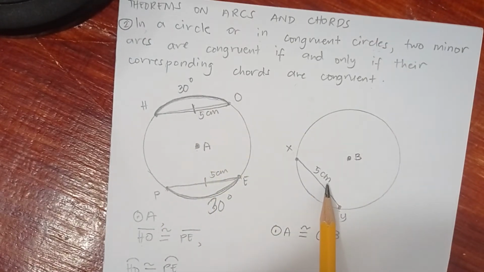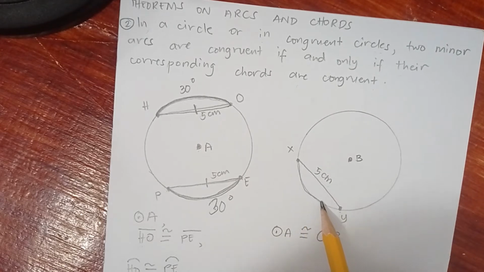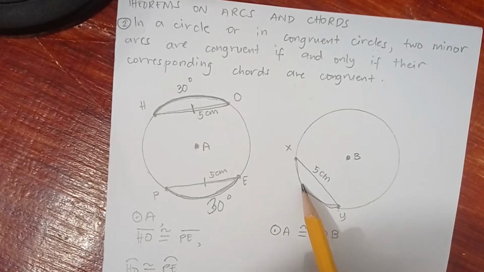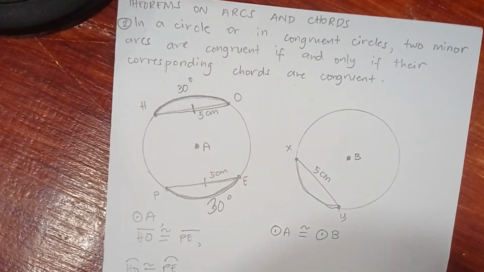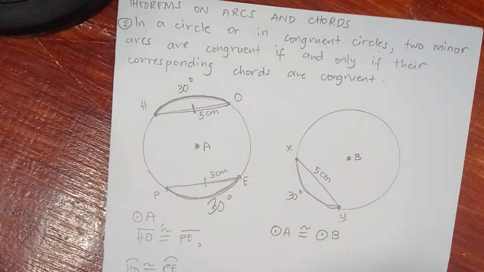Kasi magkakasing haba, 5 cm, 5 cm, 5 cm. So, tinanong, what is the measure of arc XY? Anong measure nito? Automatic, the measure will also be 30 degrees. Kasi congruent dapat lahat ng mga minor arcs ng magkakasing haba na chord. Okay?